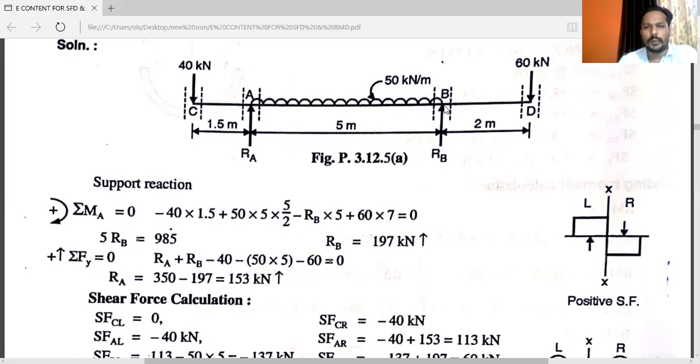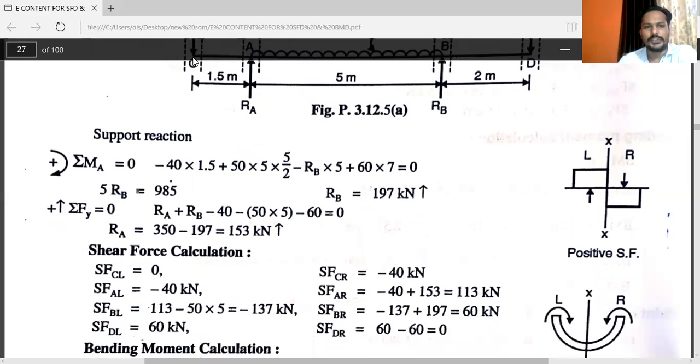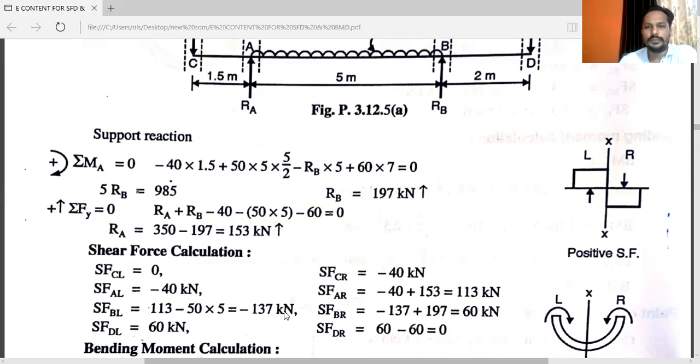Similarly, for point B just to the left, you can see this section here. So minus 40 plus RA minus 50 into 5. The answer will be minus 137 kilonewton.